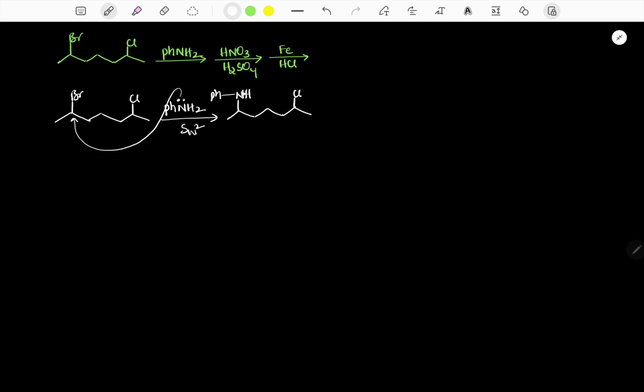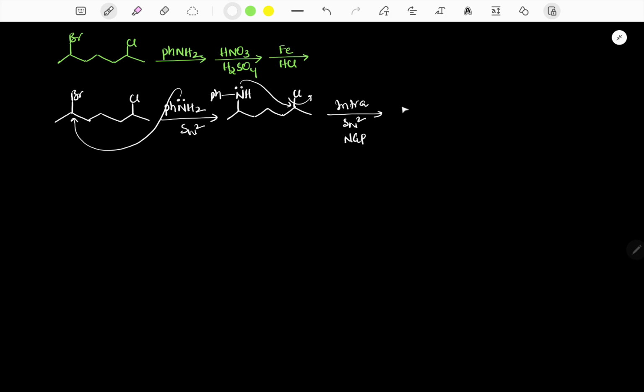If you observe the product, another possibility is also there: intramolecular SN2, also known as NGP.